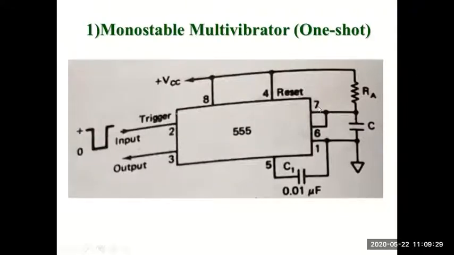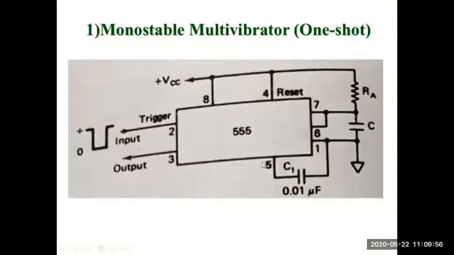Anyway, we are shorting pin 7 and 6 and connecting it to an external capacitor and series resistor, RA and C. One end of RA goes to VCC, the other end comes to this capacitor as well as the short of pin 6 and 7. And pin 1 is ground, so the other end of the capacitor is also grounded.